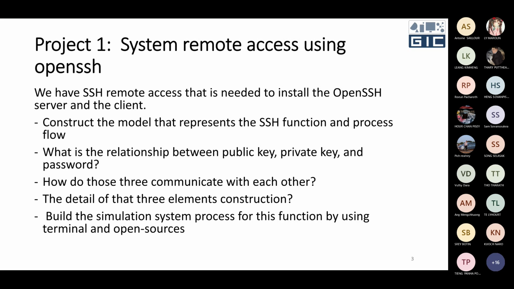The goal of this project is to use those kinds of things to create a model to represent your SSH functions. The second question of the goal of the project is, what is the relationship between public key, private key, and password in system remote access using OpenSSH?